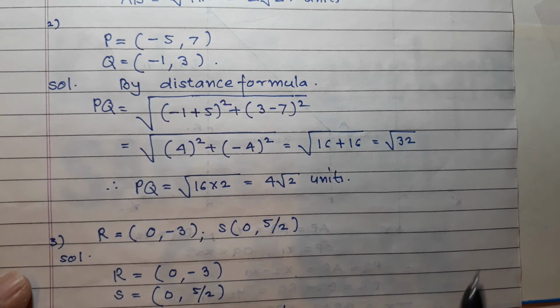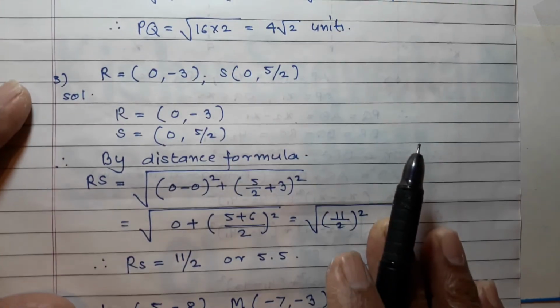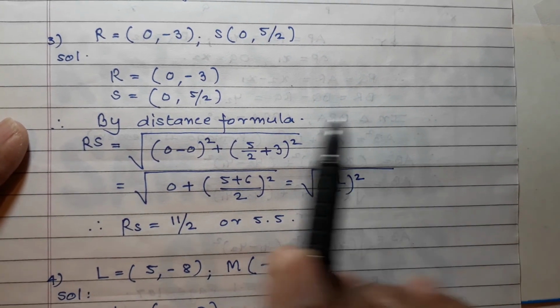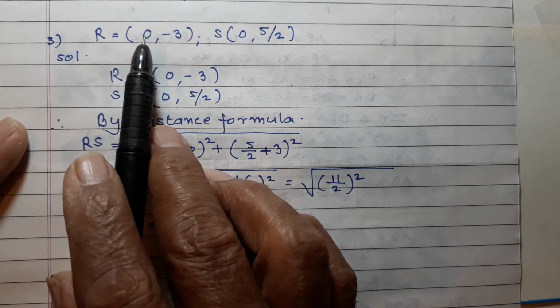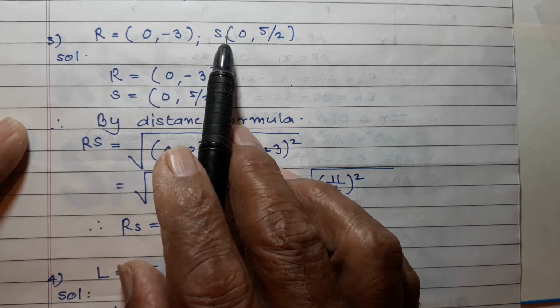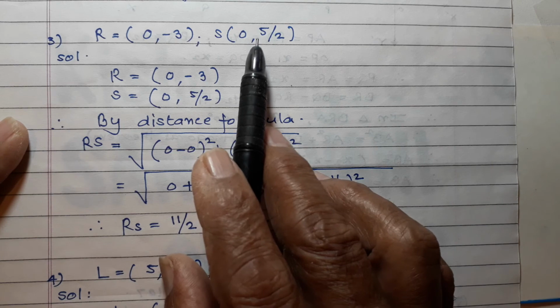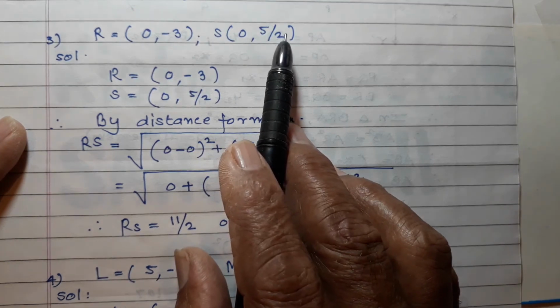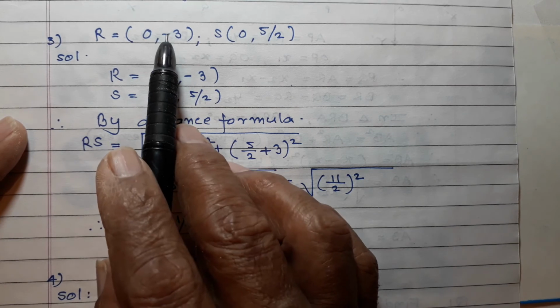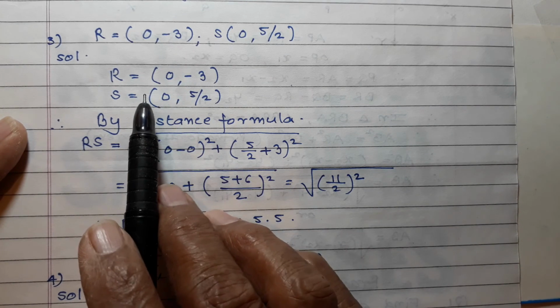Okay. Then question number 3. R is equal to (0, minus 3) and S is equal to (0, 5 upon 2). Solution. Write down your points below each other.